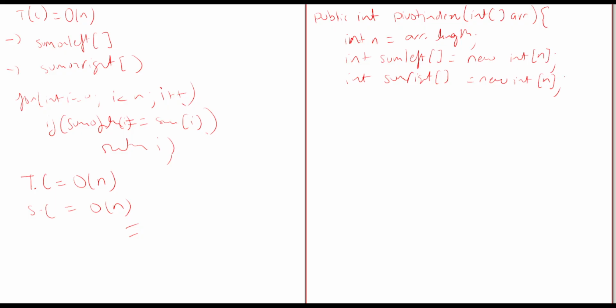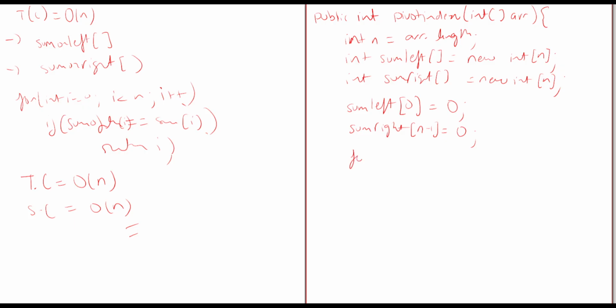And यहाँ पे we'll have to initialize few elements beforehand, so sum left 0 equal to 0, right, because फर्स्ट एलिमेंट के लेफ्ट में कुछ है ही नहीं, तो it is basically 0, राइट, एंड sum right के n-1 पोजीशन पे there is nothing because उसके राइट में कुछ भी नहीं.